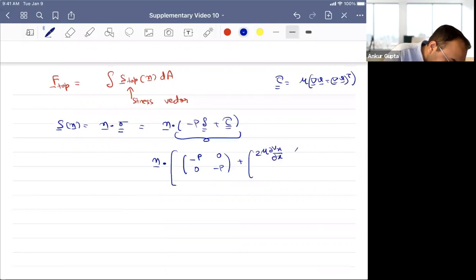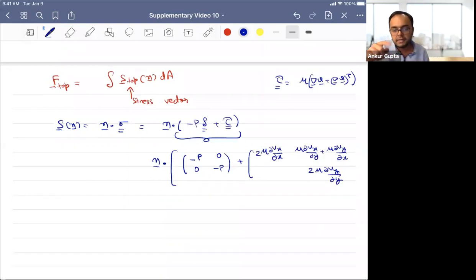It will become like this, and you can check this yourself. Basically, you get a symmetric matrix with the diagonals being twice del vx by del x, del vy by del y, and the off-diagonal terms become mu del vx by del y plus mu del vy by del x.